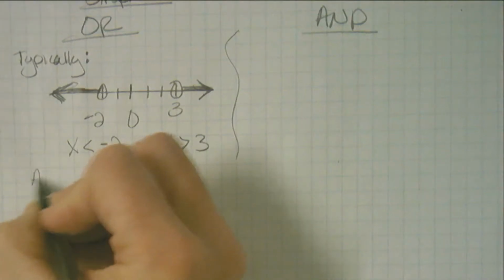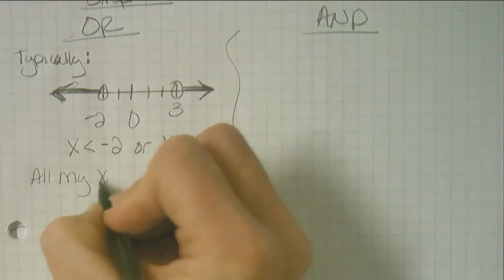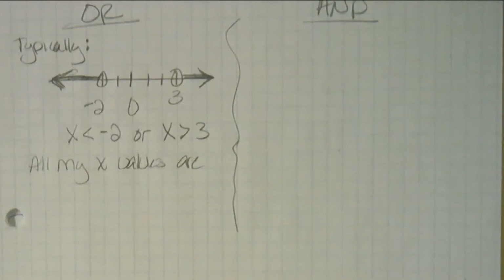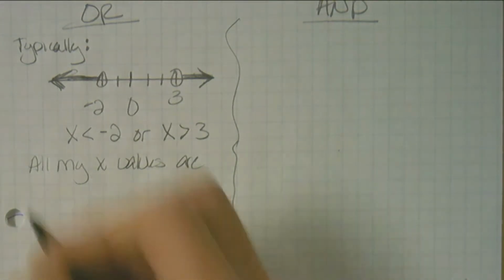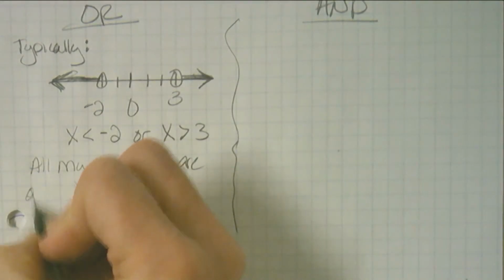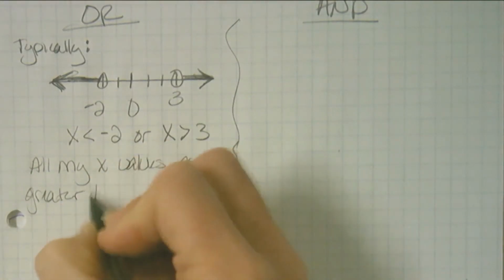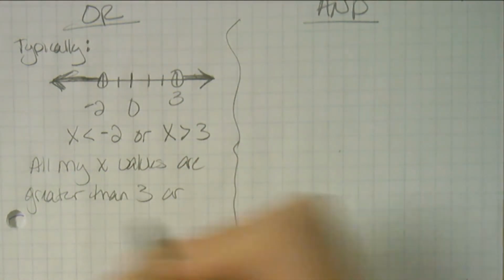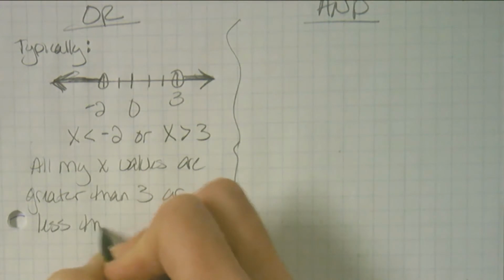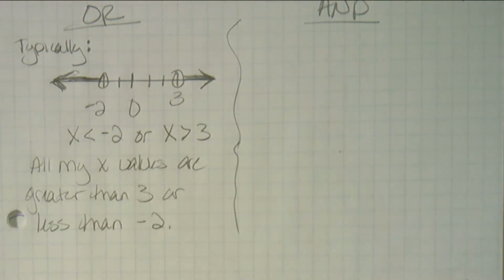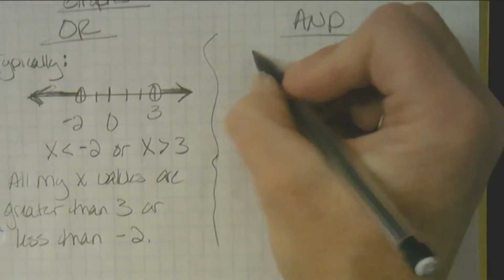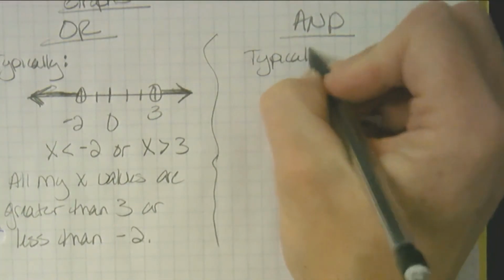All my x values are, Colin? Greater than 3. Less than -2. Yep, excellent. How many of you guys would agree with him?